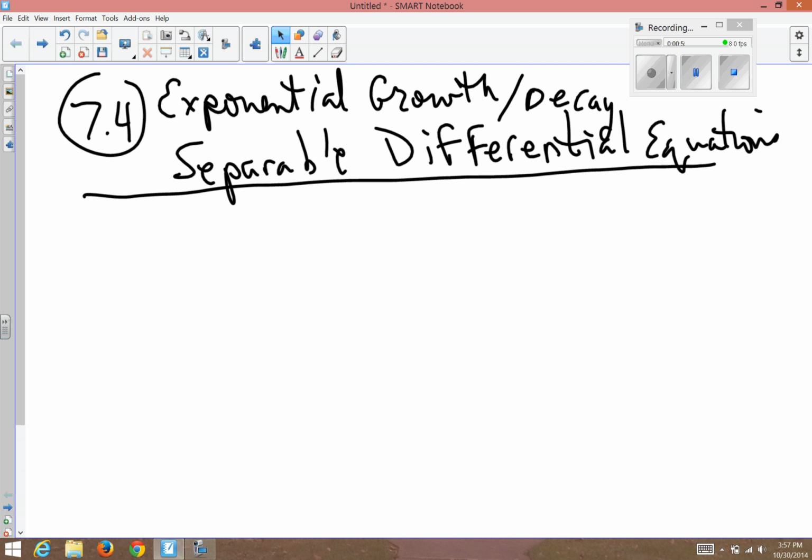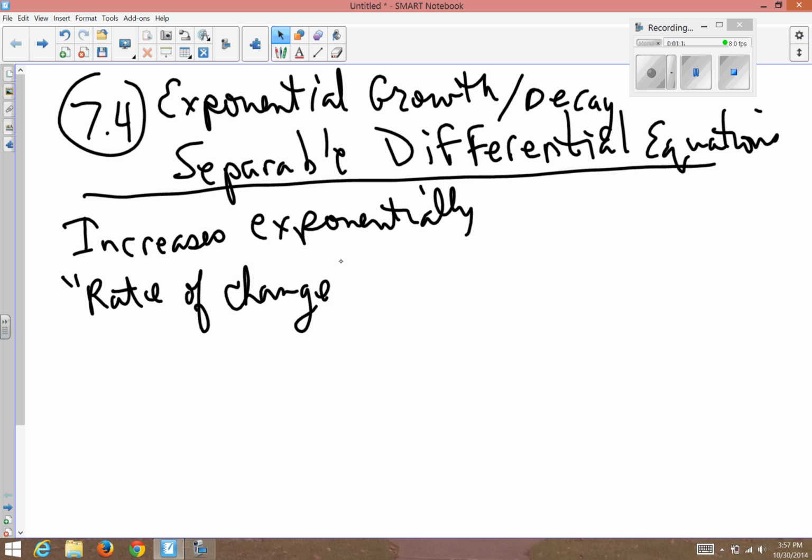When something increases or decreases exponentially, those words are equivalent to saying these words: rate of change of the population is directly proportional to the population.